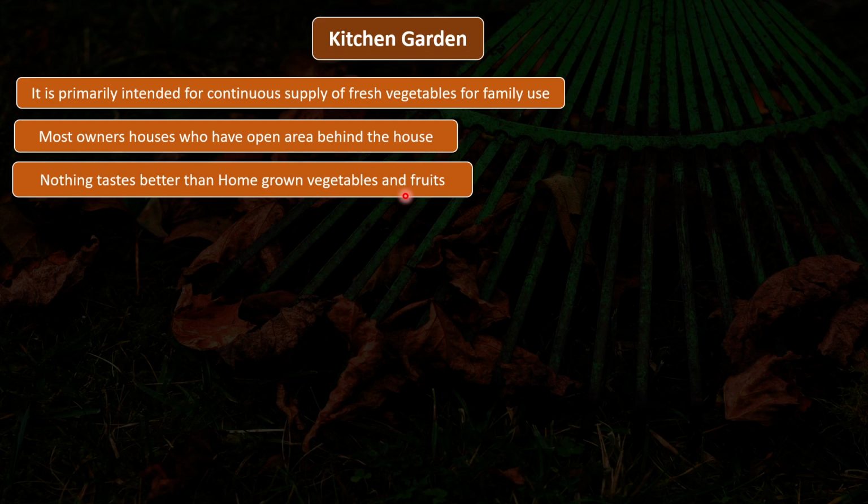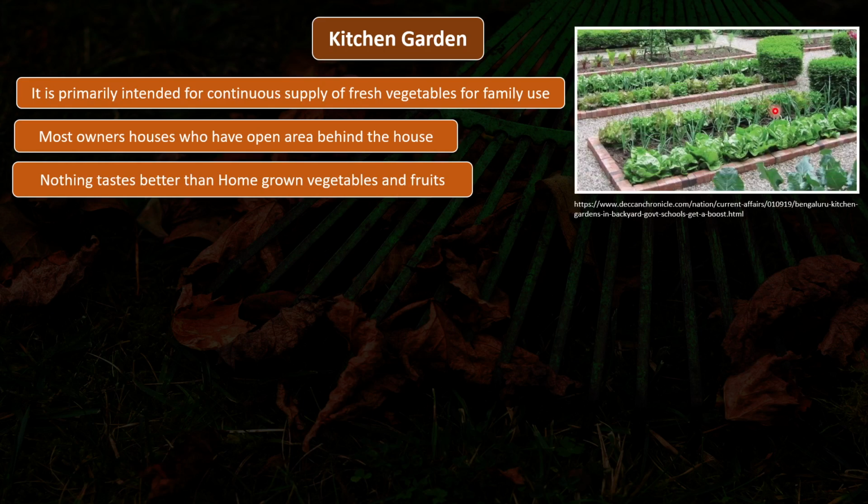That is something you worked for, and when you achieve the results, that becomes so exciting, right? So in this way, if you have a larger area at your place, or you have a plot, then you can do kitchen gardening like this.